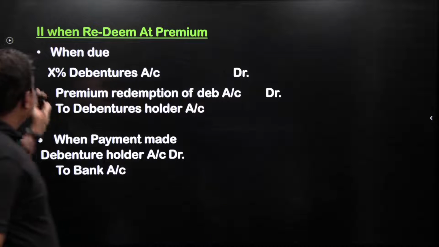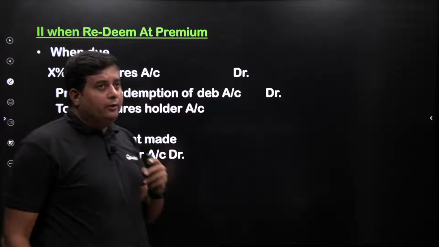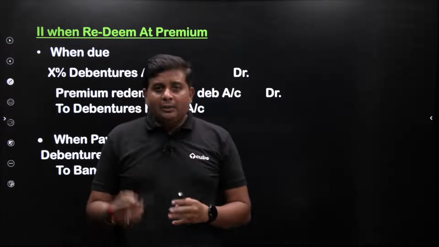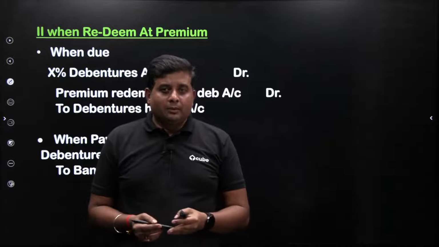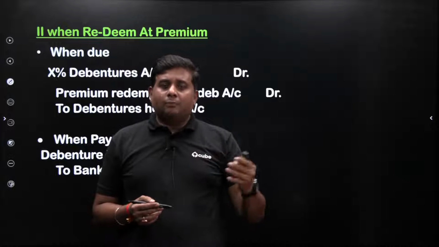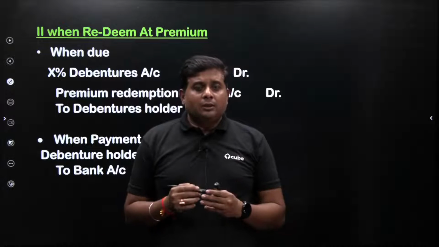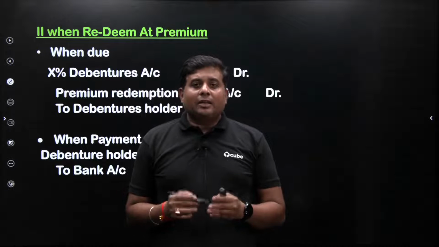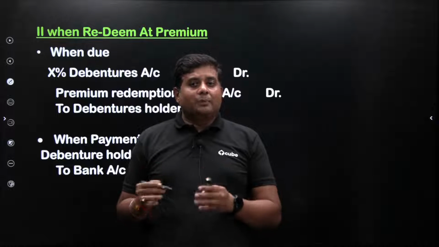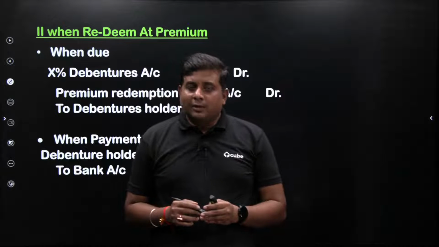Now, if the debentures are redeemed at premium, whenever shares or debentures are issued at a premium, meaning issued at a higher price, you receive the extra amount of money, and that extra amount is considered a capital income for the organization, and that's the logic why it's being credited.